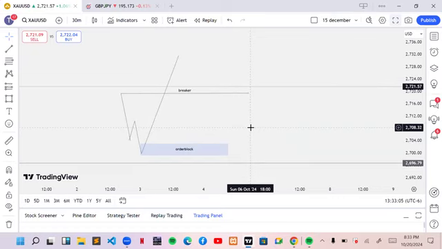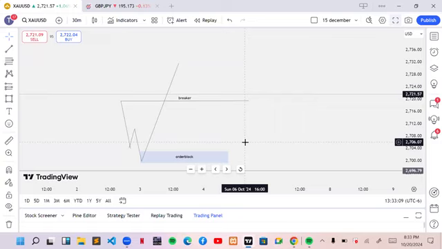Now, knowing when to use a breaker block or an other block: you use a breaker block when the first pullback that the market makes did not mitigate that breaker block.